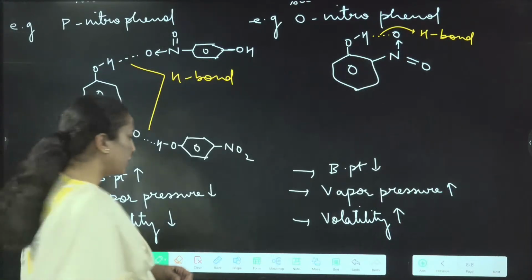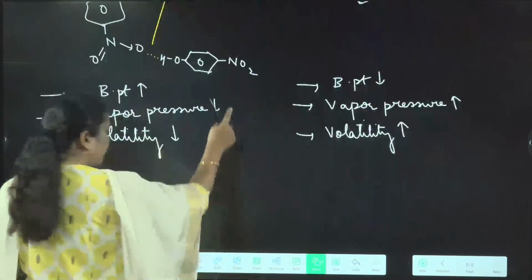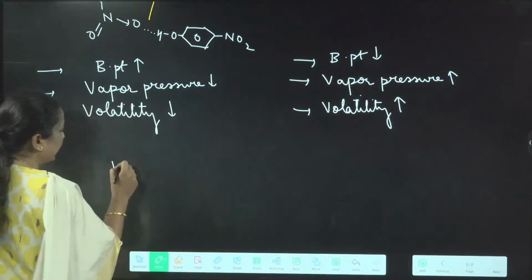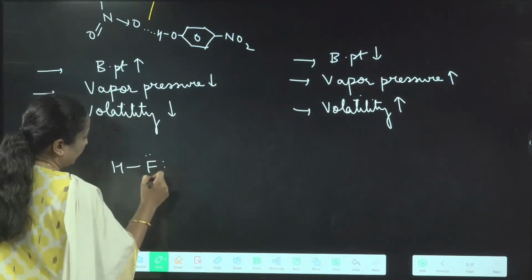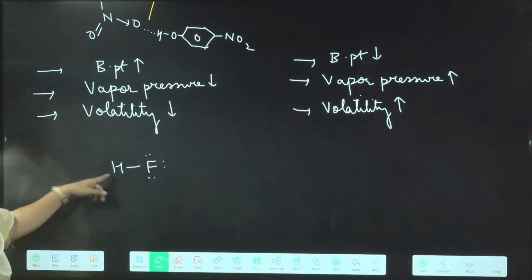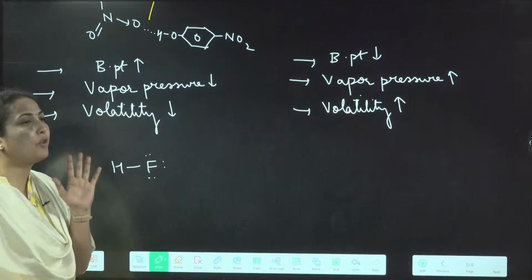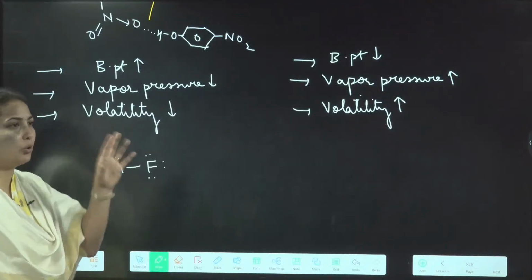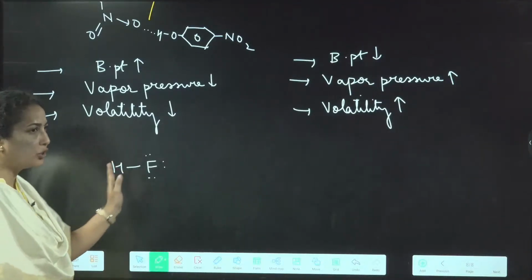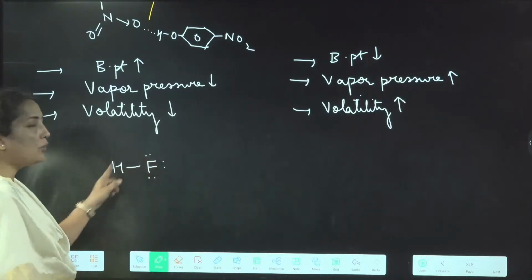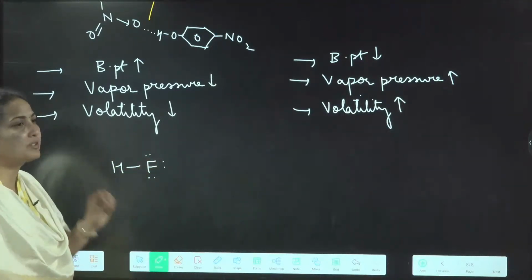Yeah, I'll tell you, Ashfaq, don't worry. See, somebody has asked me that doubt. See, in case of HF, you see here, you have 3 lone pairs. You have 1 hydrogen, right? Now the thing is, whichever is lesser. For the hydrogen bond formation, we just require 1 hydrogen and a lone pair. That is a condition, na? Hydrogen connected to more electronegative atom. Out of these two, number of lone pairs and hydrogen, which is less?